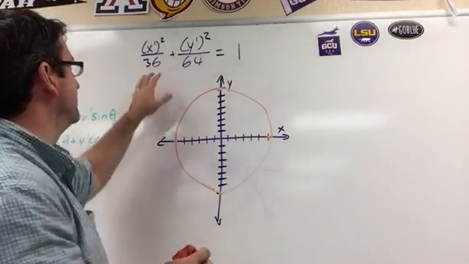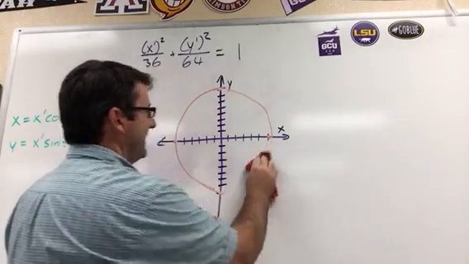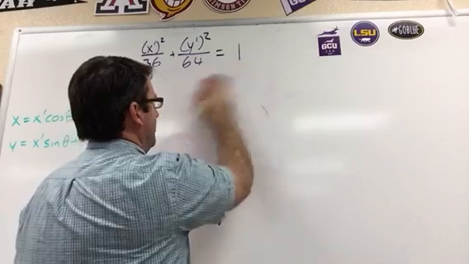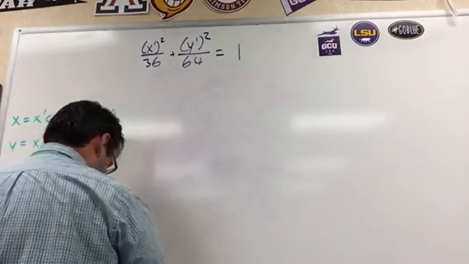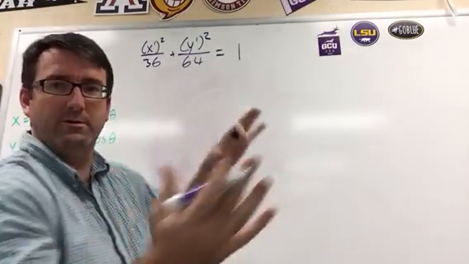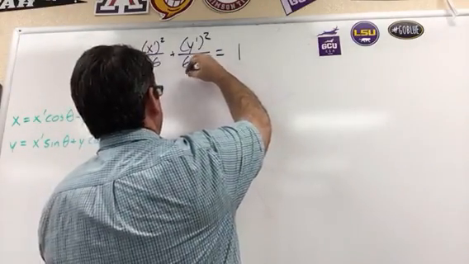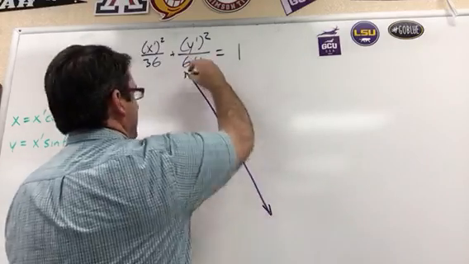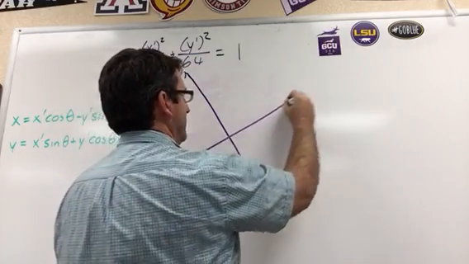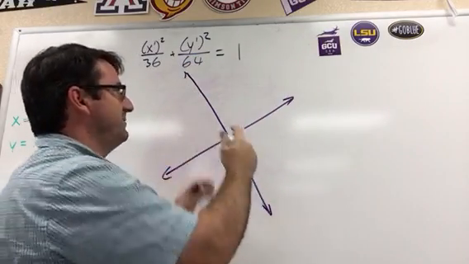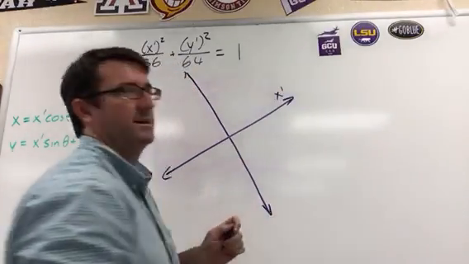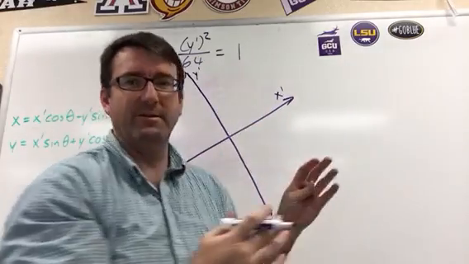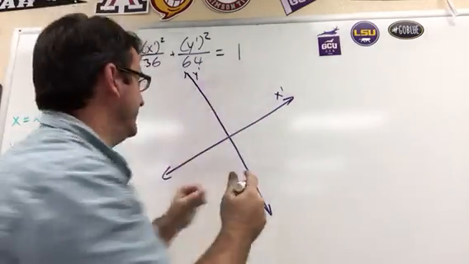So instead of just rotating this ellipse, let's rotate the whole world, the whole plane. So we'll have this. So now this is our x prime axis, and this is our y prime axis. We've just rotated everything 30 degrees.